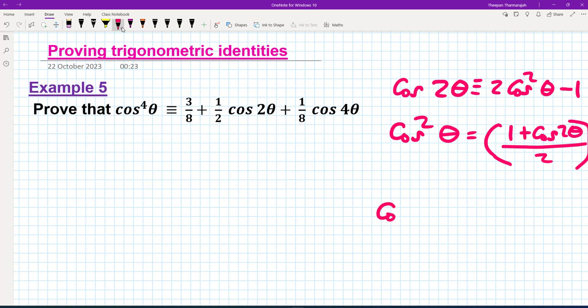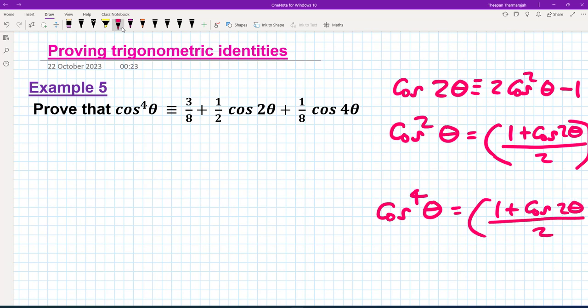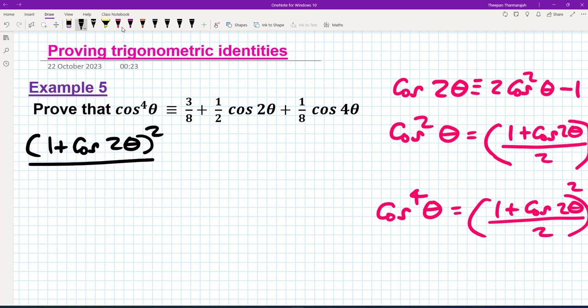But then if I want to do cos to the power 4 theta, I'm going to square all of this. So if I was to square all of that, it would mean I would get 1 plus cos 2 theta squared. When I square the bottom, or the denominator, 2 squared is 4.